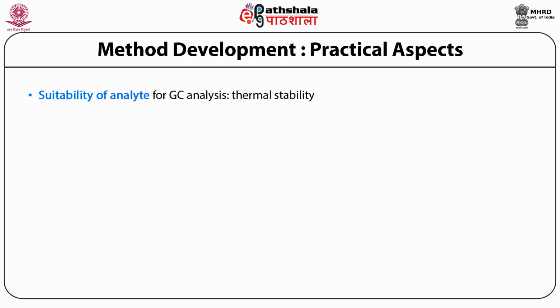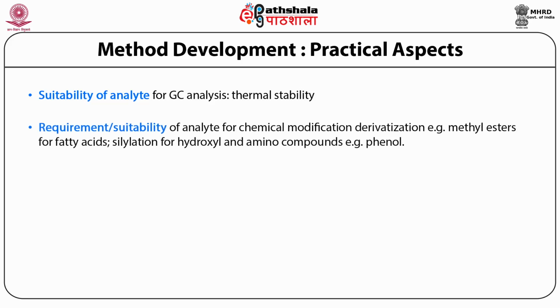development process starts. Then, if the analyte is not volatile or suitable for analysis, is it amenable for some chemical modification, such as a derivatization, such as is done as methyl esters for fatty acids, as silylation for hydroxyl and amino compounds?